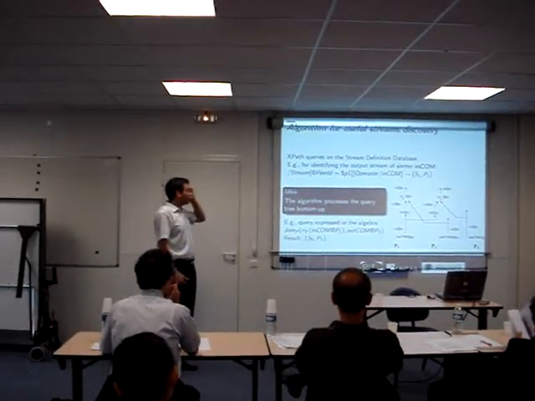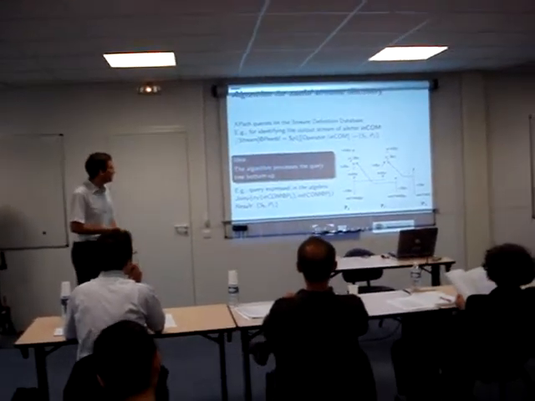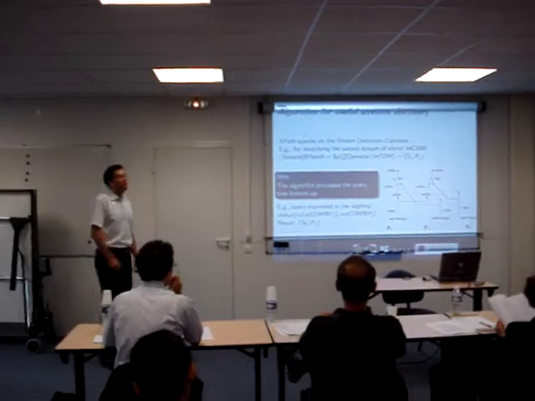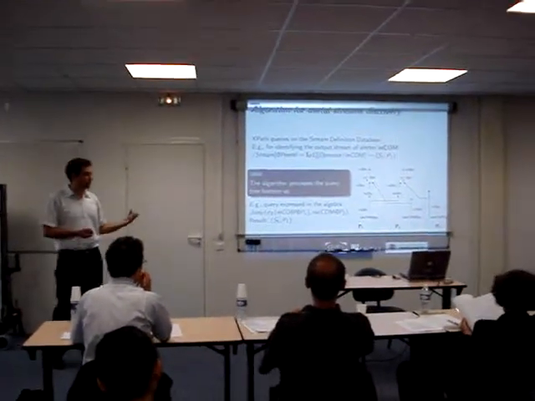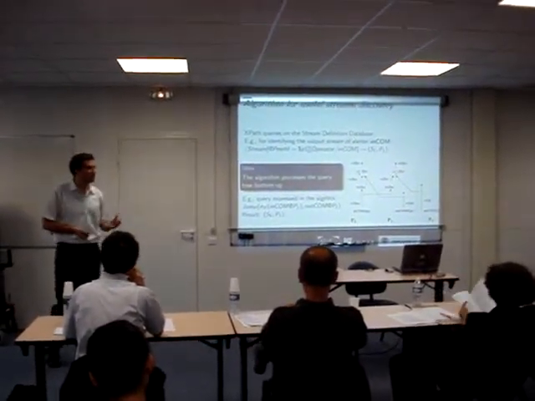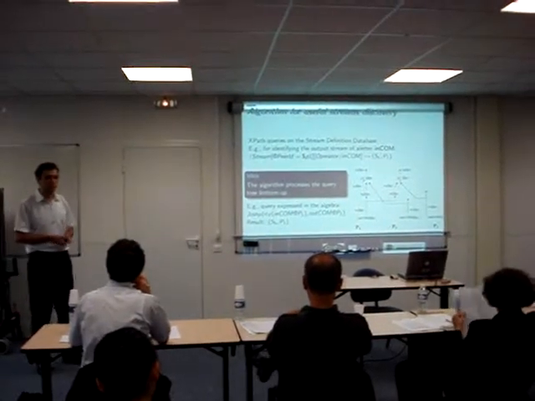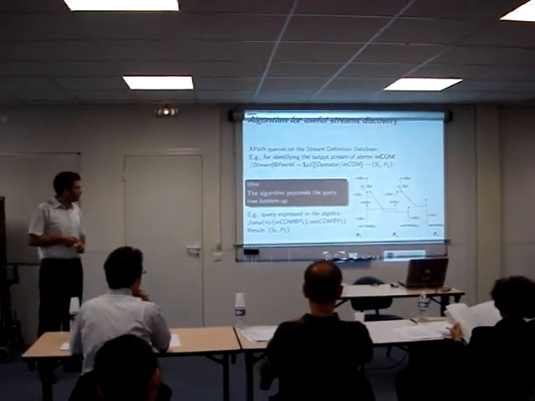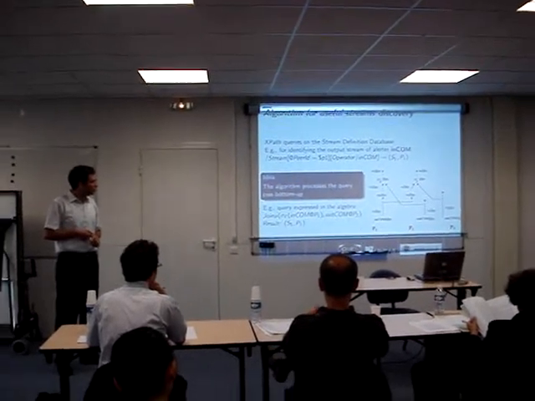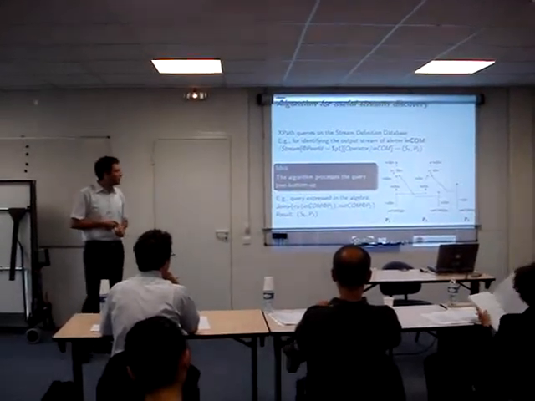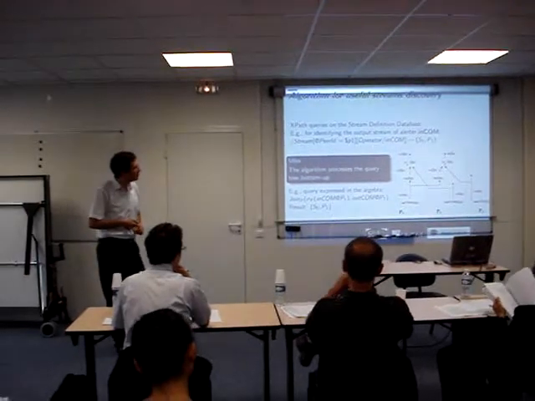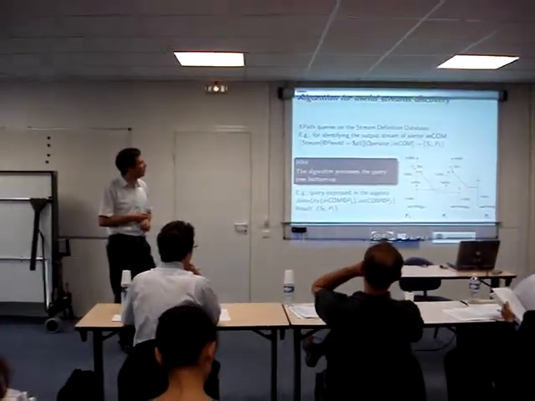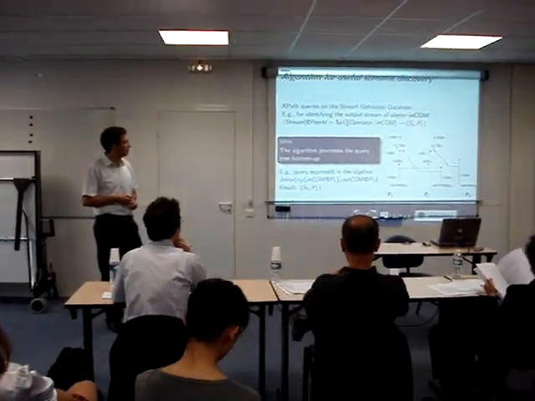Now, how does it work? We have an expression here, let's say, that is the active XML stream expression for the monitoring task that we consider, and we typically try to match sub-expressions with information available in the stream definition database.